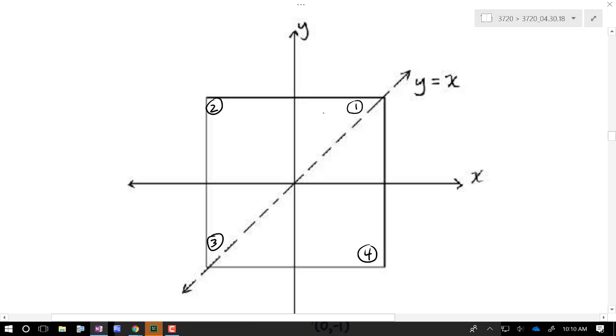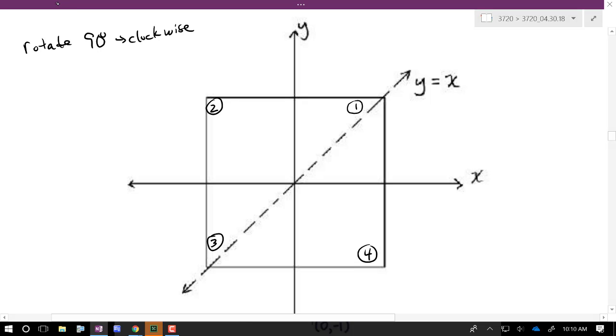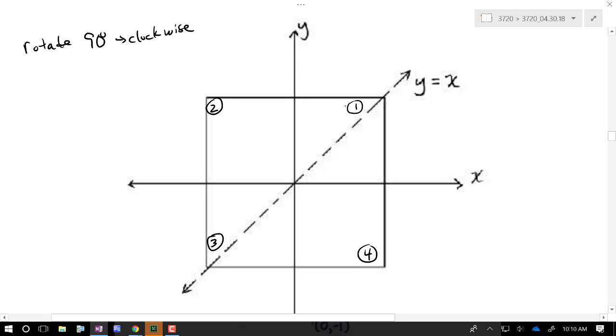adjust the square, find a symmetry of the square, would be to, say, rotate 90 degrees clockwise. Well then that would just send, I'll write these same positions in red.